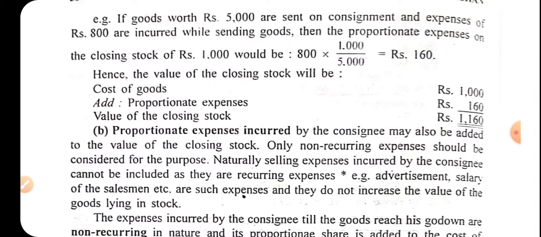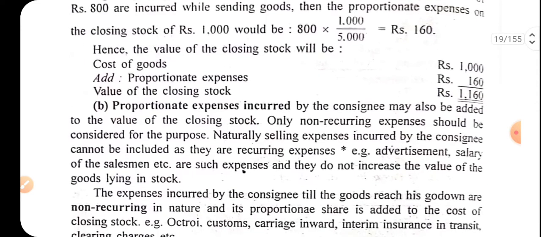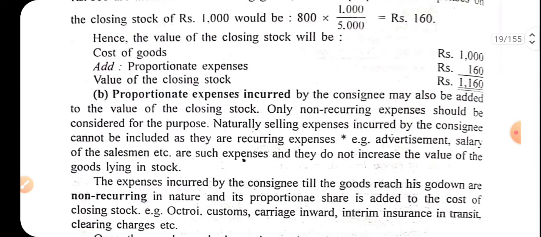Once again, whenever you send goods of 5,000 rupees, your expense is 800. Then how much is the proportionate consignor's expense for 1,000? From 800, 160 rupees is your proportionate expense. For 5,000 the expense is 800, for 1,000 it is 160.